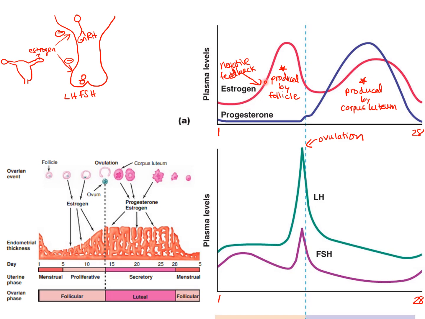Okay, and as this follicle gets even bigger, it produces even more estrogen, and so the estrogen levels get even higher. So you can see that they're going to rise even more, and you get to a point where the negative feedback will then switch over to positive feedback.